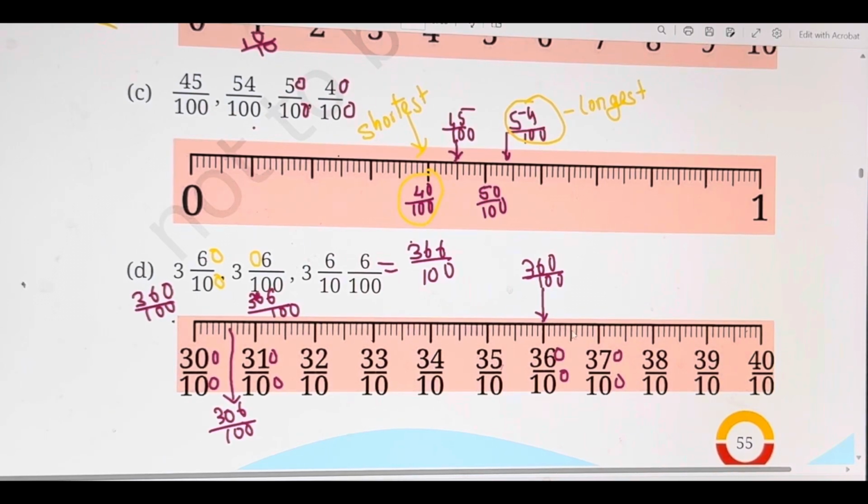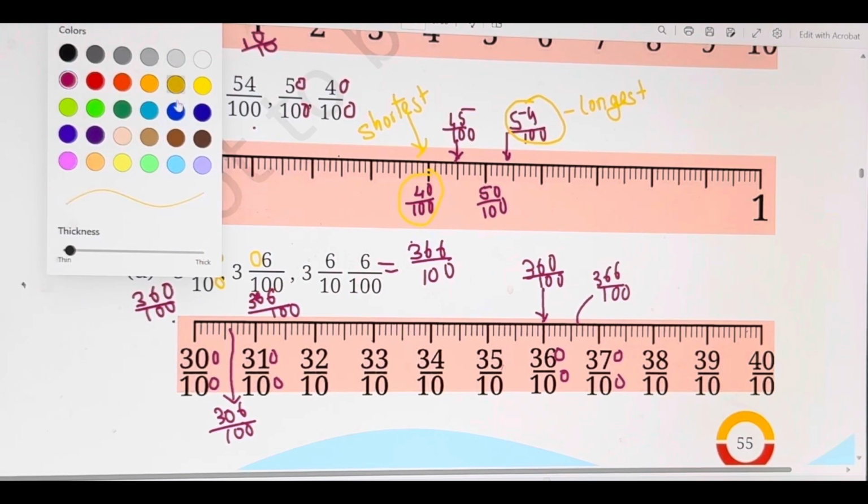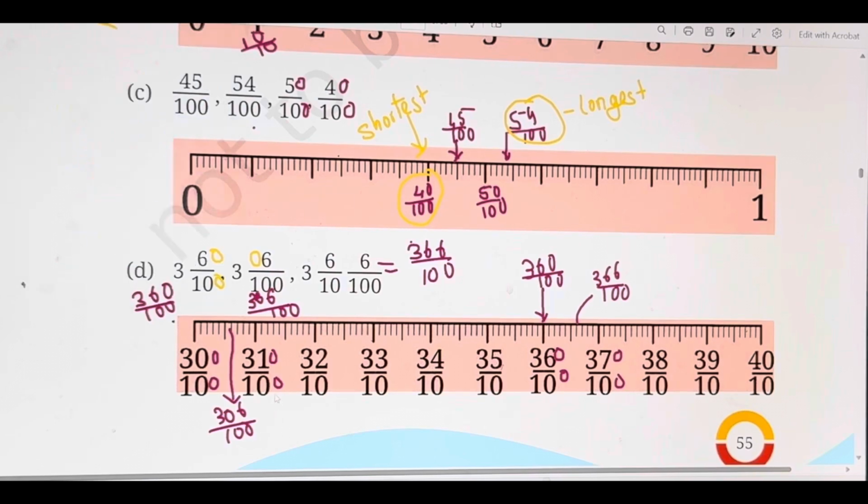So 66 will be, this is 5, 365. So naturally the next line would be 366 upon 100. Right? Now you can easily say which one is the shortest and which is the longest. So the left hand side, this is shortest, and the right hand side, this is the longest.